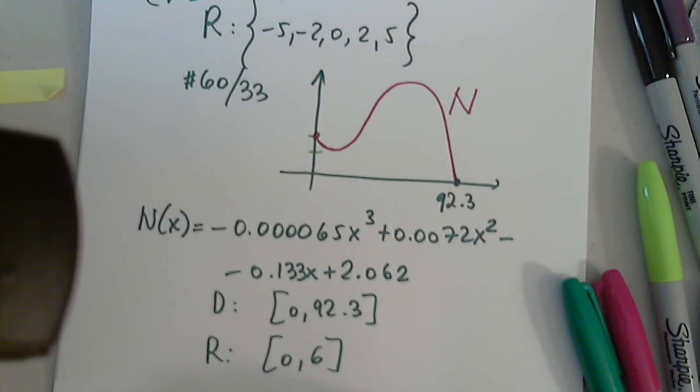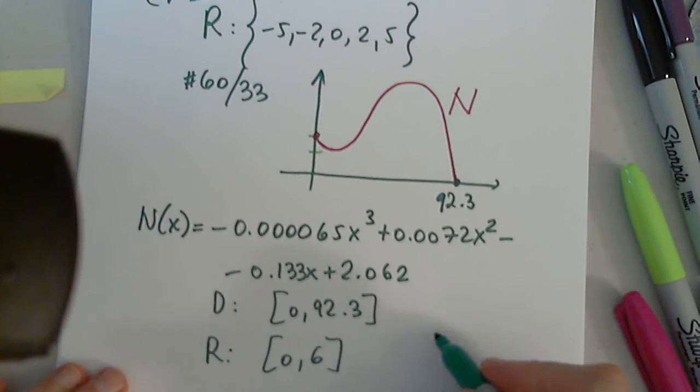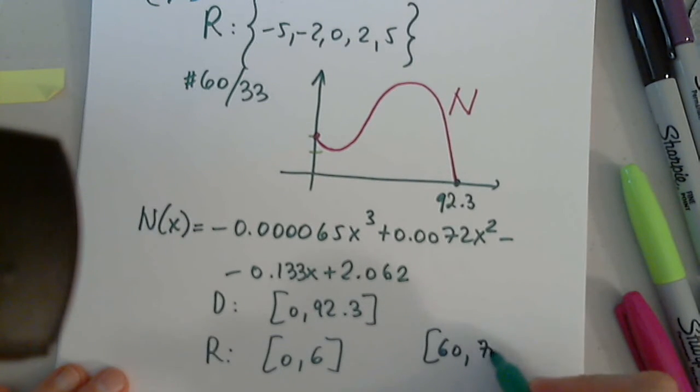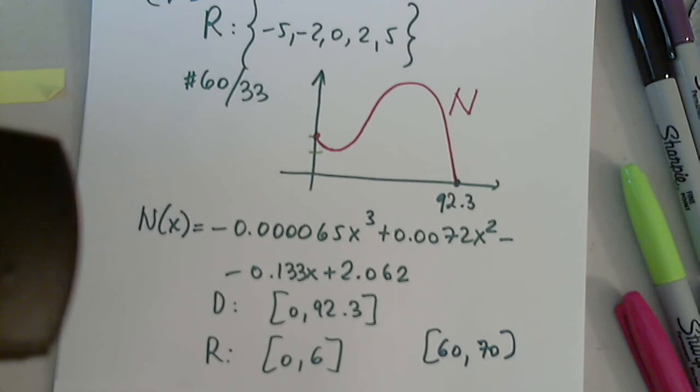Yes, of course, because that's where the peak is. Indeed. So you will target people between 60 and 70 years of age because you want the maximum profit. Very good. Thank you for sharing. That was awesome.